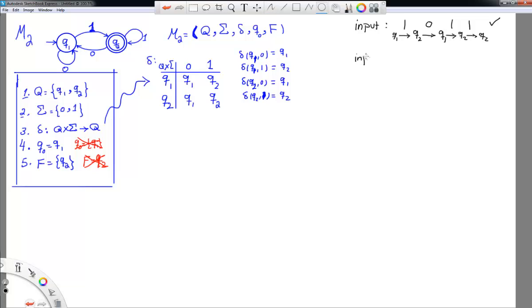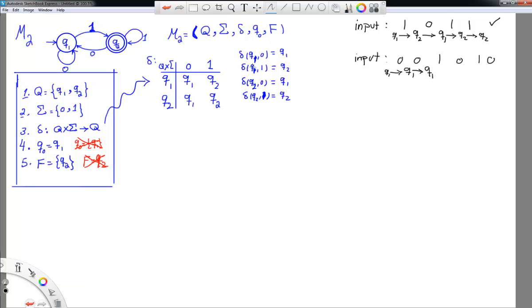Let's try another input: 0, 0, 1, 0, 1, 0. Okay, so we start in q sub 1. When you see a 0, you stay in q sub 1. You see a 0, you stay in q sub 1. According to the description of the delta functions here, if you are in q sub 1 and you see a 0, you stay in q sub 1.